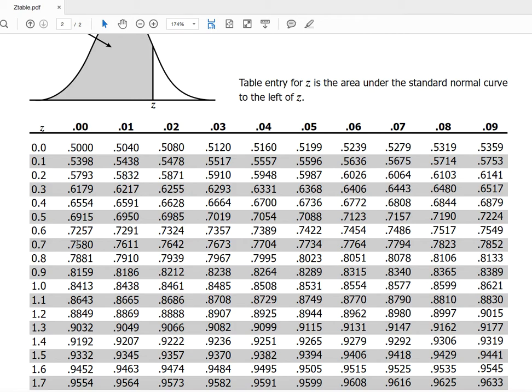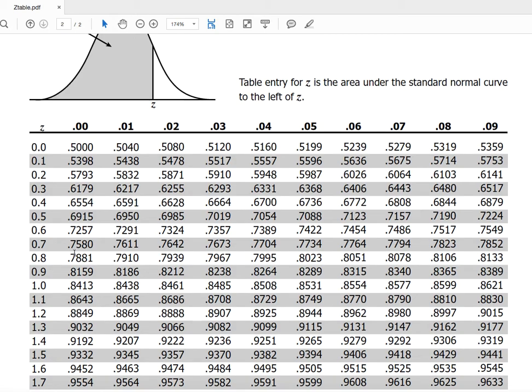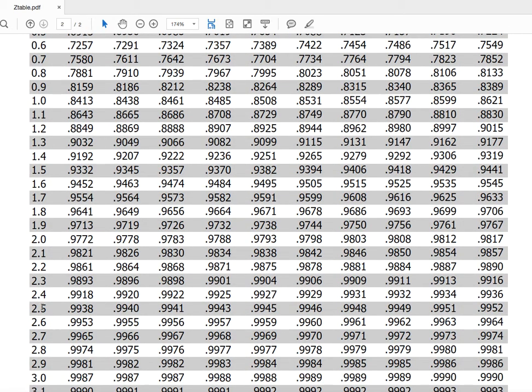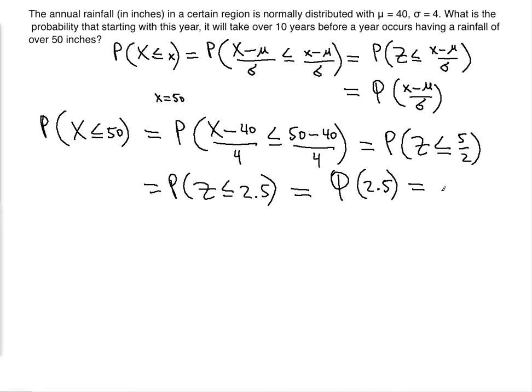In other words, we're looking at the very first column. 2.5 corresponds to this number here, so that's the probability, almost 1: 0.9938. So that's the probability that in a given year there will be no rainfall over 50 inches; the rainfall will be 50 inches and below.